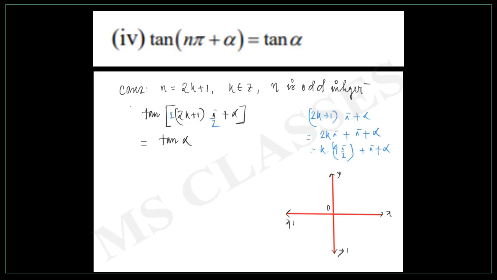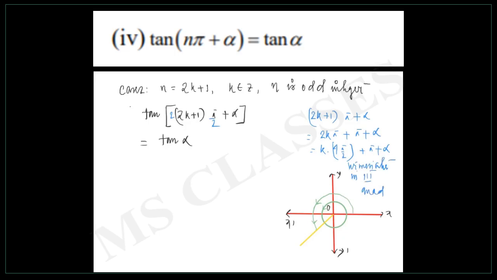How many circles? K circles. After that we have pi plus some more. So this angle is in the third quadrant.